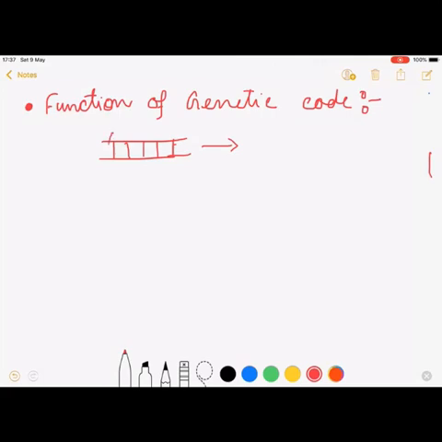If this strand of the DNA contains C, C, C, C, C, just for convenience I am writing the same sequences, and if this contains G, G, G, G, G, then the coding strand, the strand which contains the code to form a particular kind of protein, will be transcribed.